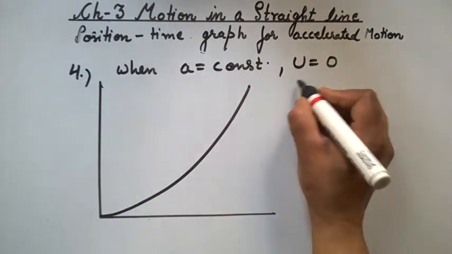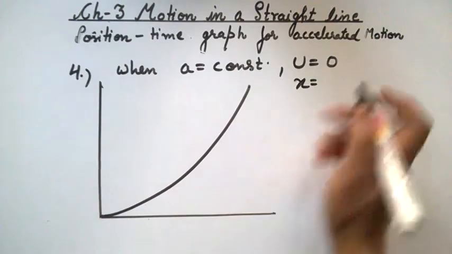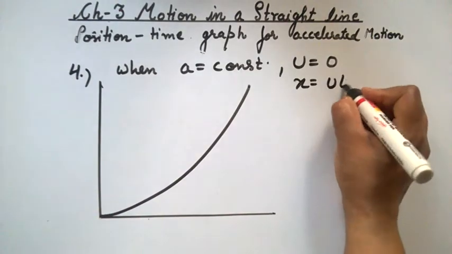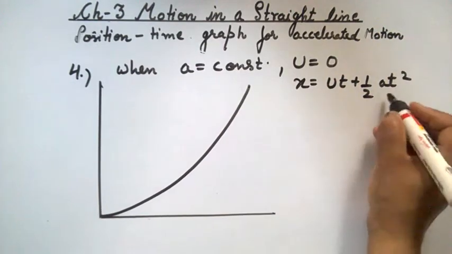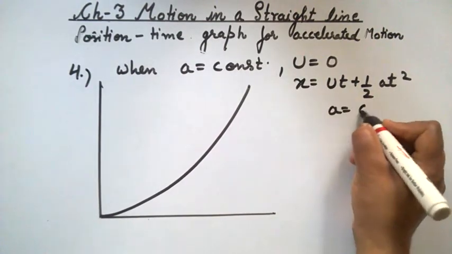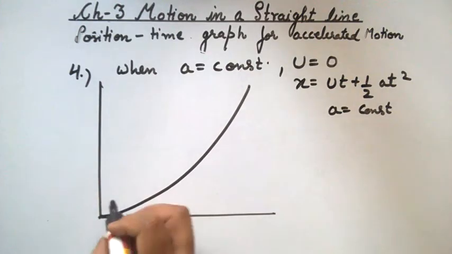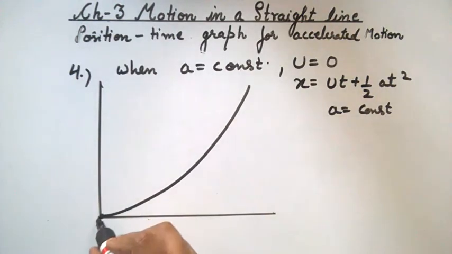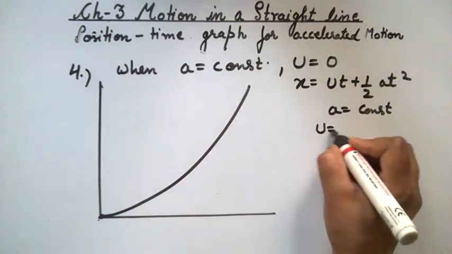As we know, x naught is the 0 position, so here we will write x equal to ut plus half at square. Here acceleration is constant and u is constant, starting from the 0 position.